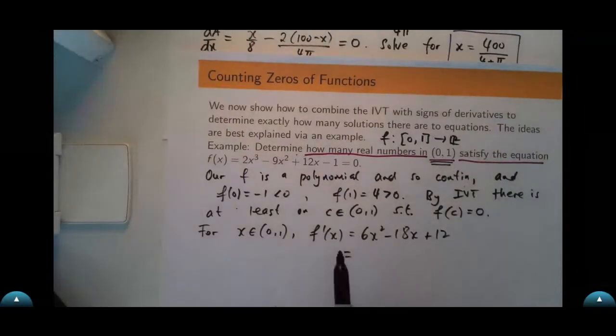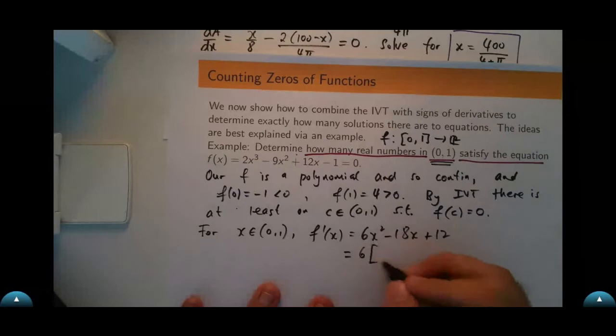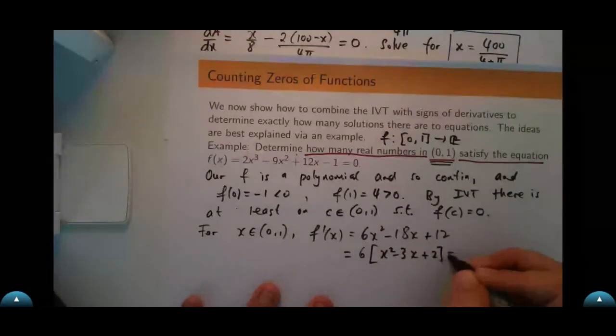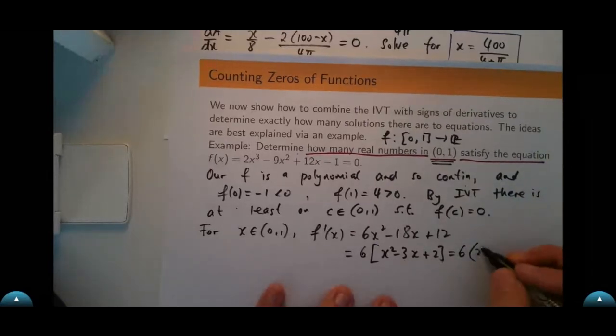What I'd like to do is show that this is actually an increasing function, having a positive derivative. And I can factorize this, right? Two numbers that multiply to give 2 and add to give -1.